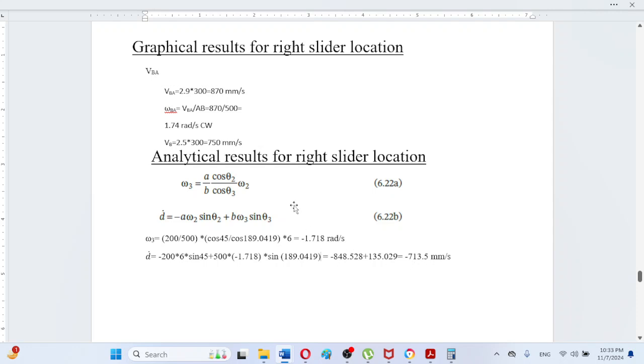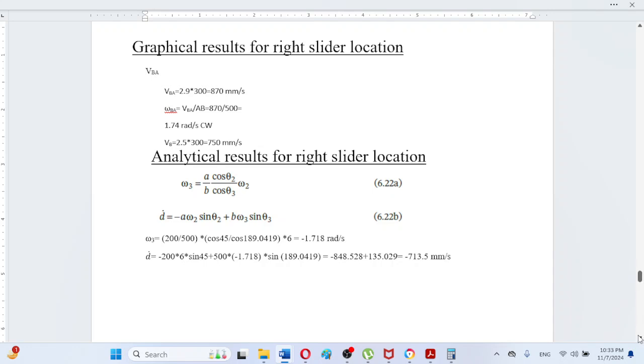So remember that the one or two graduation make a lot of difference, so our results are sufficiently accurate. So if the procedure is correct, and the results are almost matching, so it is all okay. So as we can observe that d dot is the velocity of the slider for the right hand slider location.